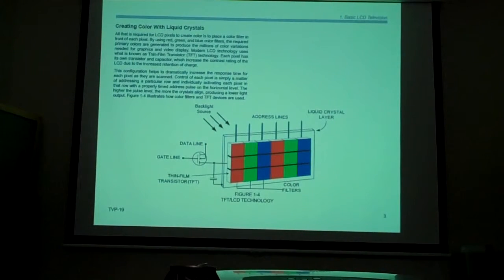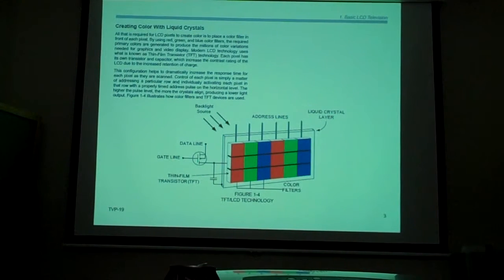Well, how do we get color? We get color by simply putting filters in front of the various elements. And here we're showing a twisted, or a thin film type display where each one of these squares represents a pixel.